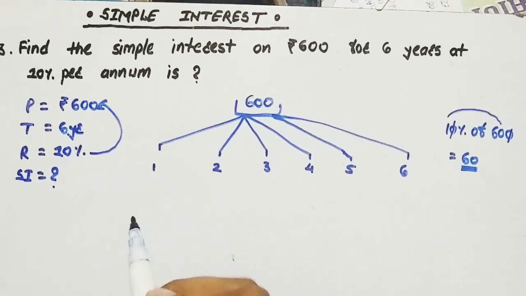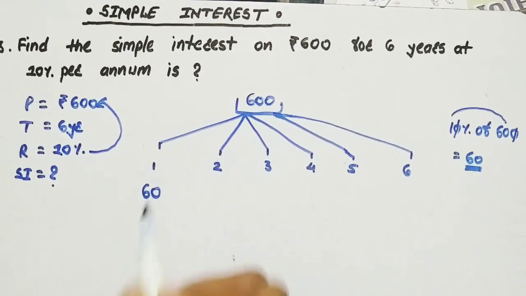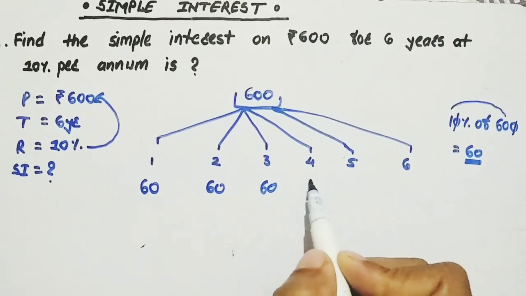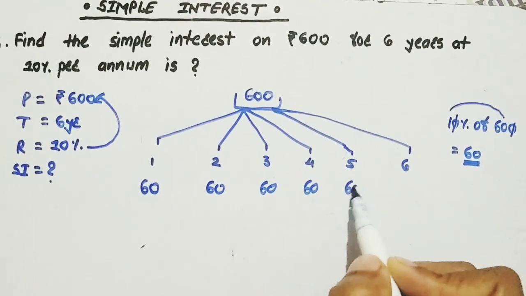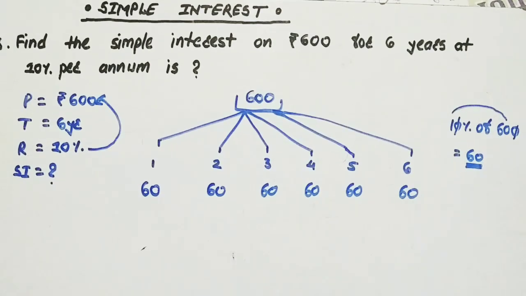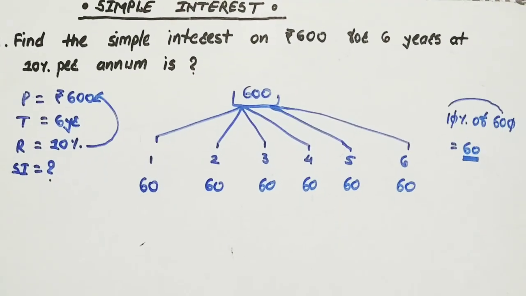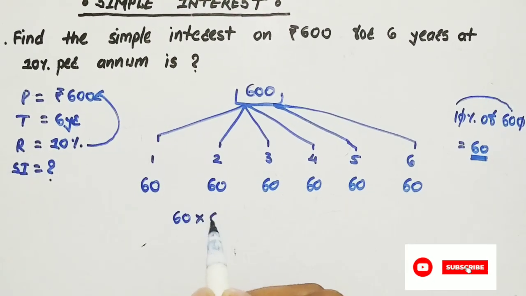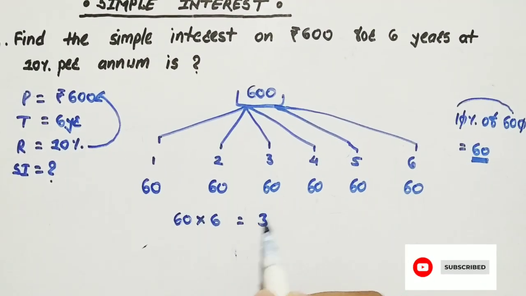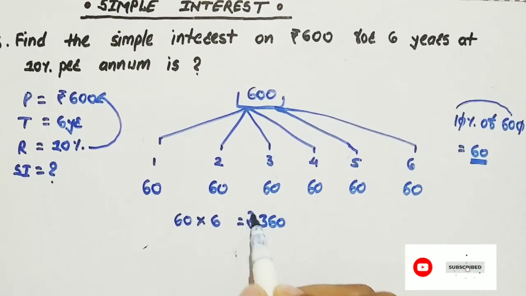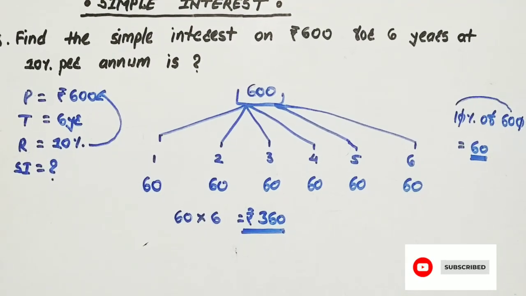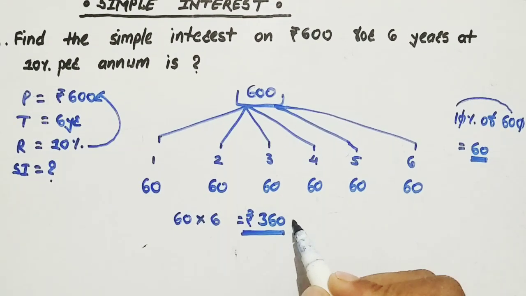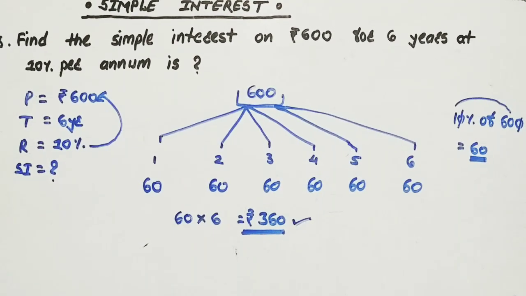Cleared, right. So first year interest is just 60, second year 60, third year 60, fourth year 60, fifth year similarly 60, right. So 60 multiplied 6 times, that is 60 into 6 is equal to 360. That is the interest on rupees 600 for 6 years at 10%, that is equal to 360.